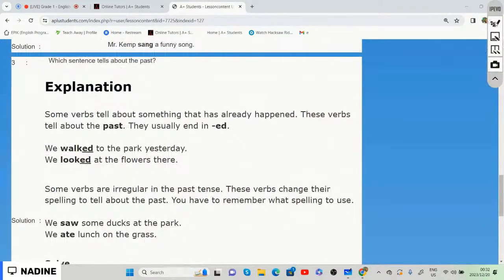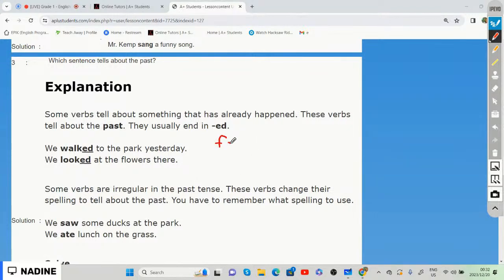Okay, let's do one more before we do our test. The children fall from the tree. So fall. What is the past tense of fall? She falls to the ground.